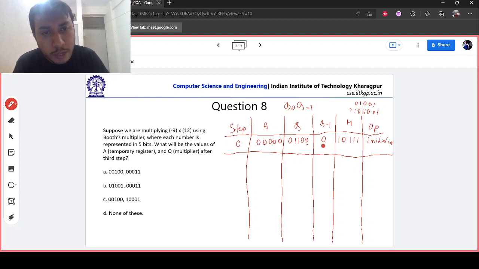This one, and Q minus 1 is this one. If the value in this case is 0 0, what does 0 0 mean? If it is 0 0 or 1 1, we do an arithmetic shift right of A Q Q minus 1.